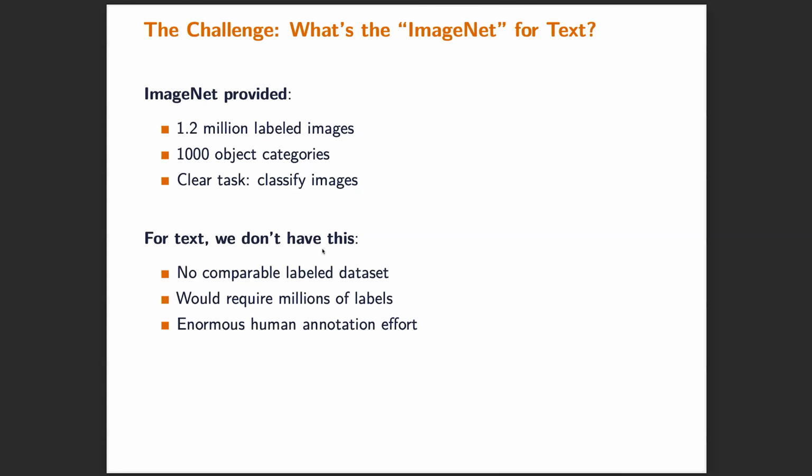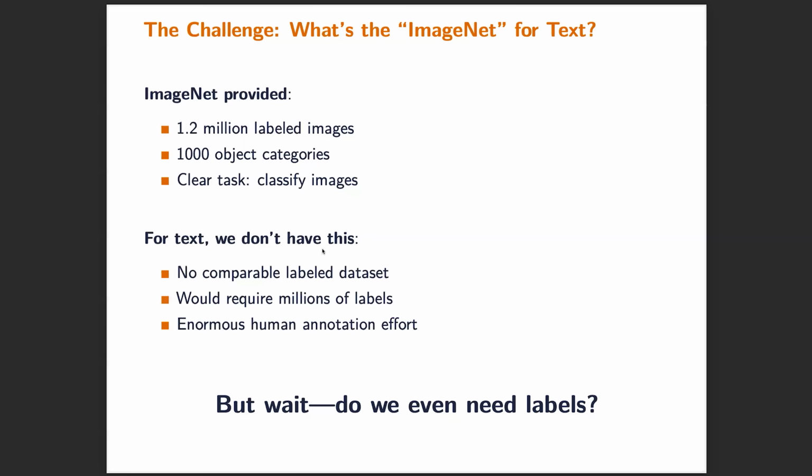Do we have the same for text? Well, not really, because a comparable labeled data set for text is either non-existent due to the humongous effort required for labeling, or sometimes the task is not set in stone, and the task is oftentimes very fluid in text. So that's a problem, and how can we solve that?